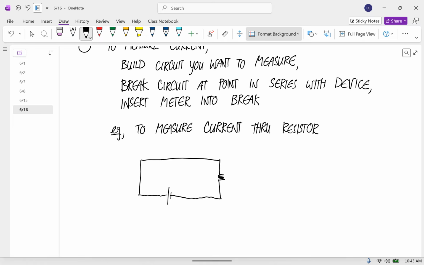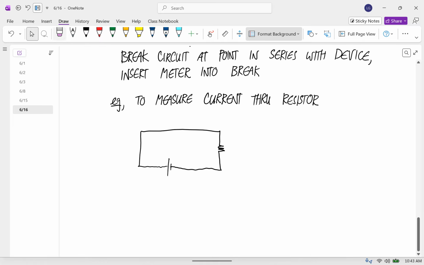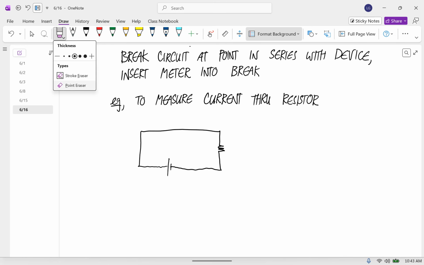Electricity is running through this circuit right now. Now we're going to make a break in this circuit, somewhere in series with this resistor.